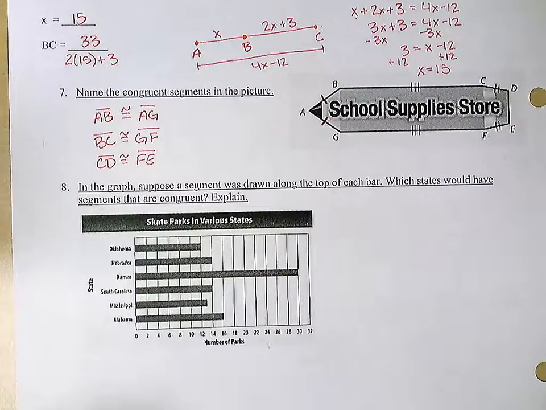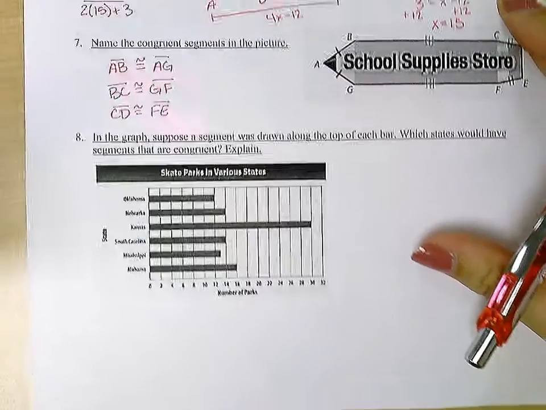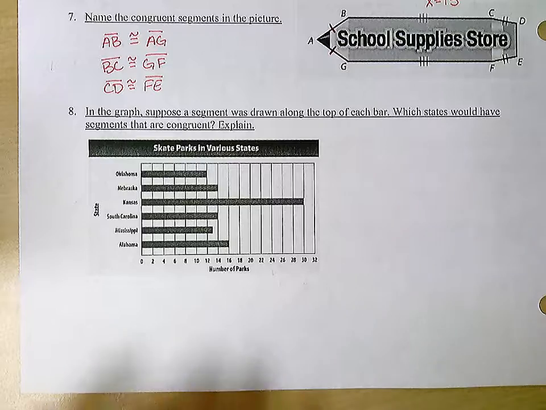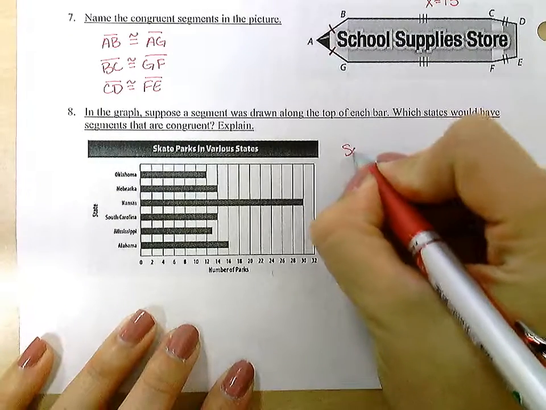All right, number 8. In the graph, suppose a segment was drawn along the top of each bar. Which states would have the segments that are congruent? So look at your graph. Which two states are congruent? Anybody? South Carolina and Nebraska.